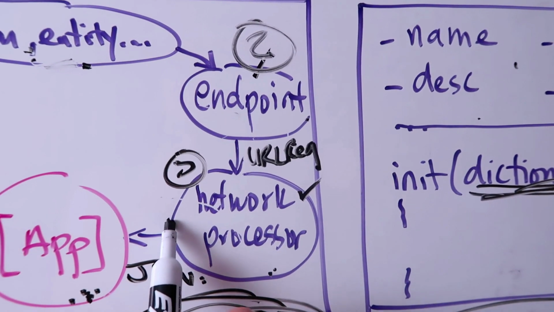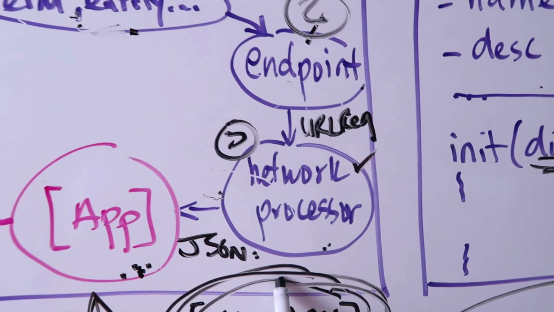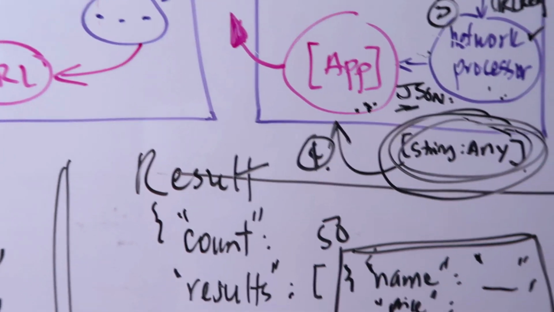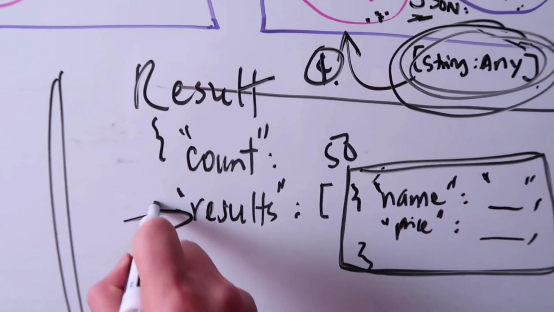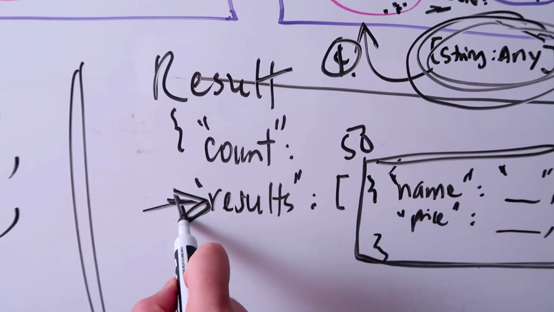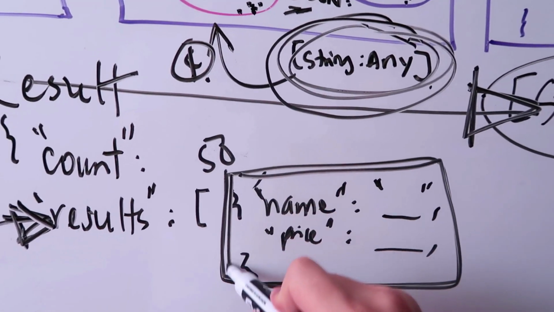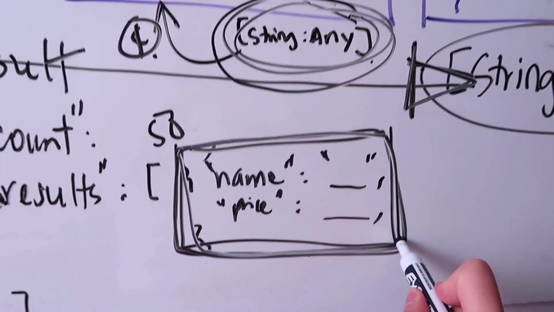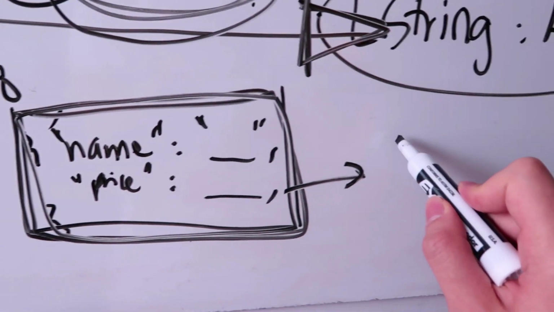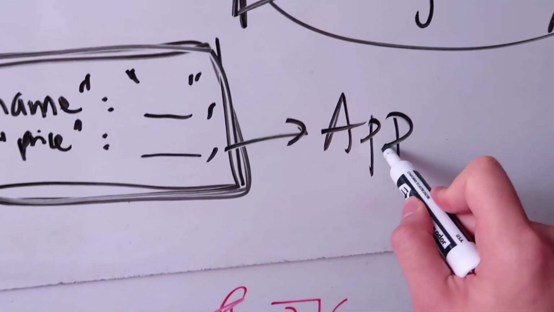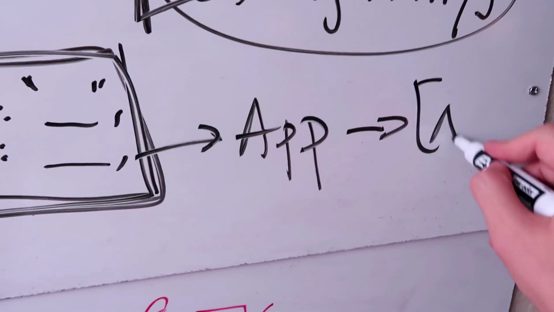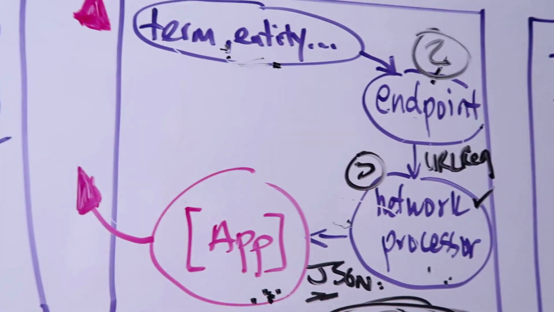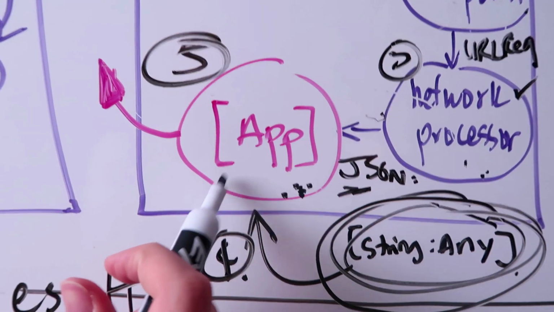Step 3, we create a network processor. Step 4, from the JSON that the network processor gives us, we get access to this result, and then enumerate each of these app dictionaries and turn each into an app. After that, we get an array of apps.